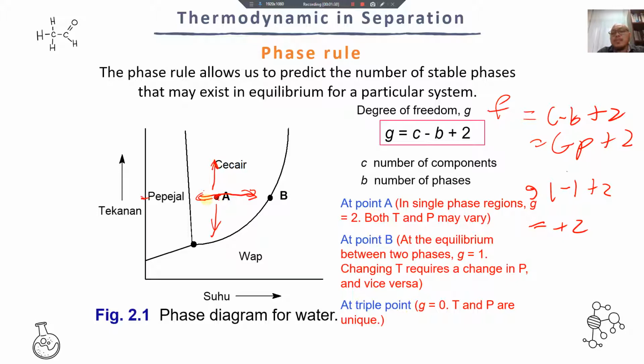So that's why the degree of freedom for A is 2. It means that you have the freedom to vary the variables. Okay, there are two there. But it doesn't mean that you can play around up to everything. There is a limit. For example, when you reach here you enter another phase or another limitation. That is just for that particular example.